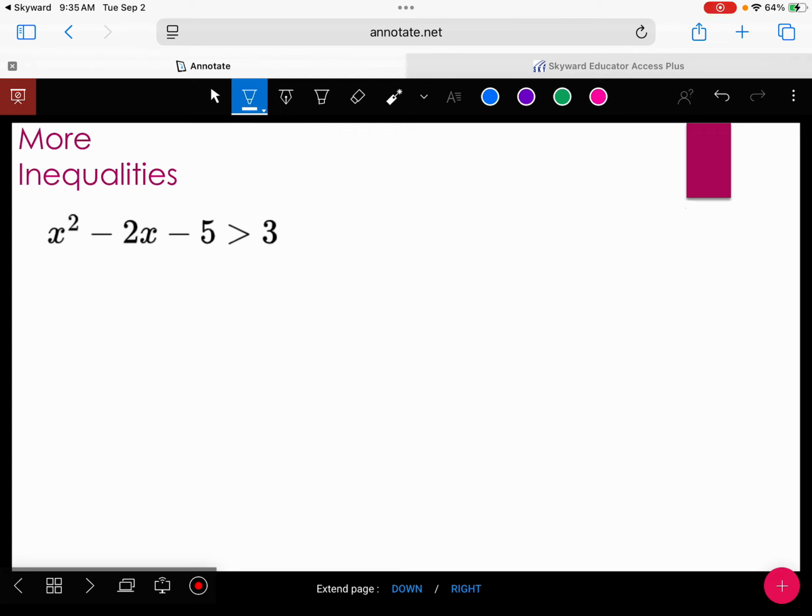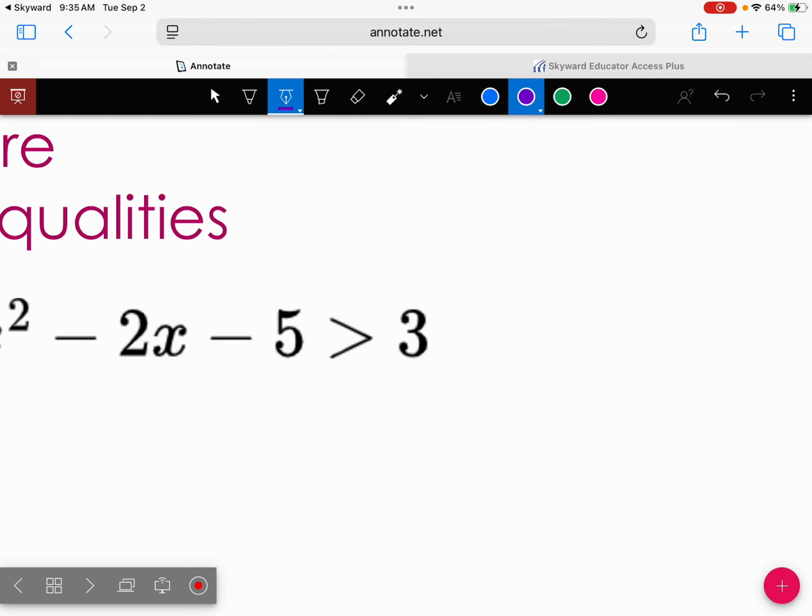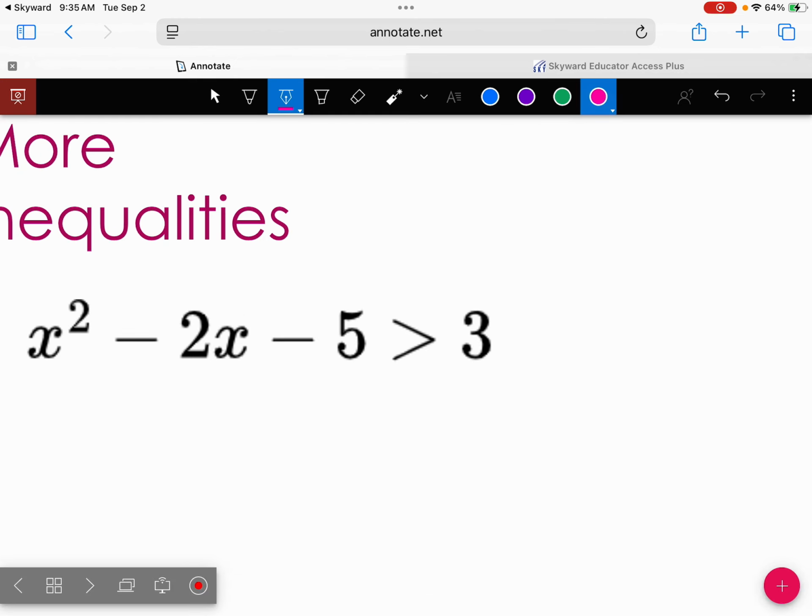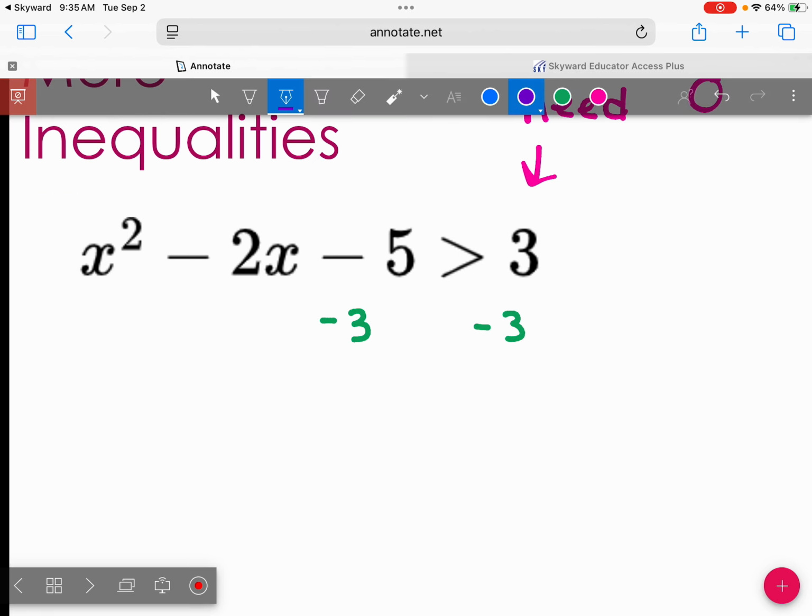What can I do to make that actually have a 0? Subtract 3, because we have a quadratic that we want to factor, so we need this to be 0. We need a 0 so that we can factor. So we're going to go ahead and start by subtracting 3 from both sides. That's going to give us x squared minus 2x minus 8 greater than 0.